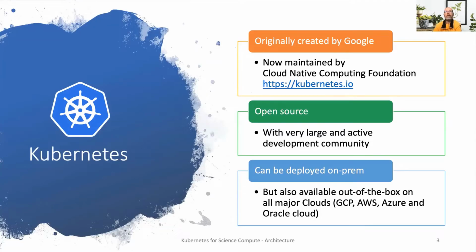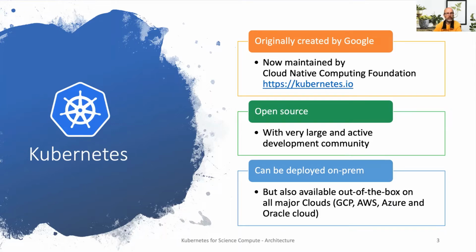So Kubernetes, how did it actually happen to be? Well, originally it was a Google product. They needed something for their own internal use, and it was so successful they decided, well, we may as well give it away and have others contribute to it, so we make it even better. So it ended up being part of Cloud Native Computing Foundation, and that's where you get it these days.